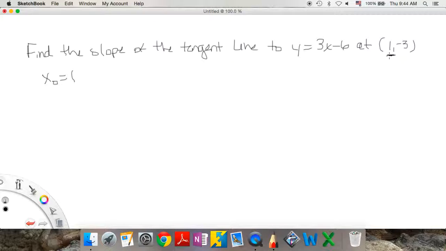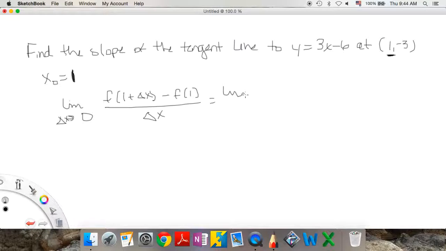This is our x value that we're at. So if our x naught is 1, the slope of the tangent line is the limit as delta x goes to 0 of f at our x naught plus the delta x minus f at 1 over the delta x.